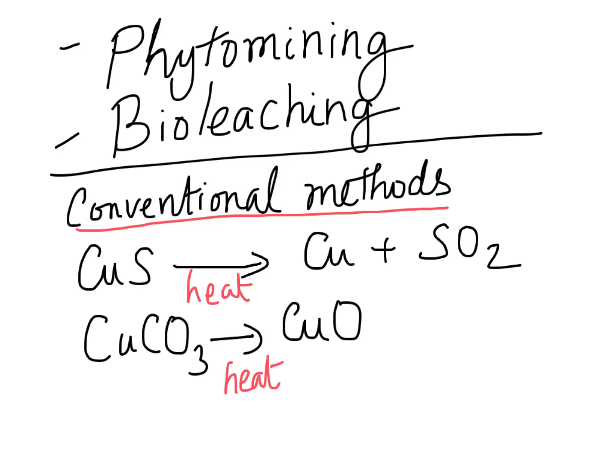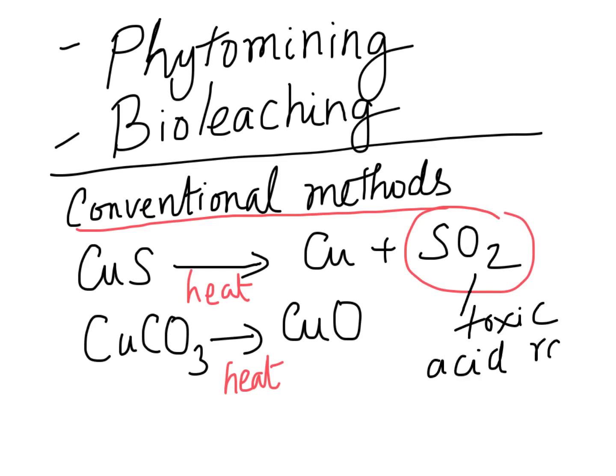Two problems with this method: it involves a high amount of energy, which means a lot of heat energy is used, which increases the cost. And another problem for the environment is that it produces this gas. Sulfur dioxide gas is toxic, and it also causes acid rain.